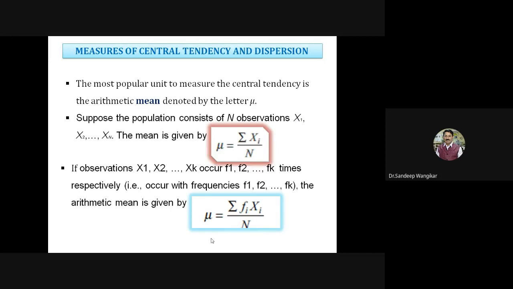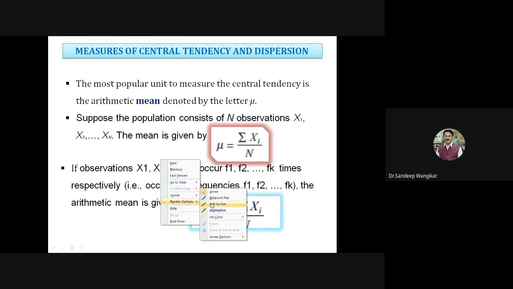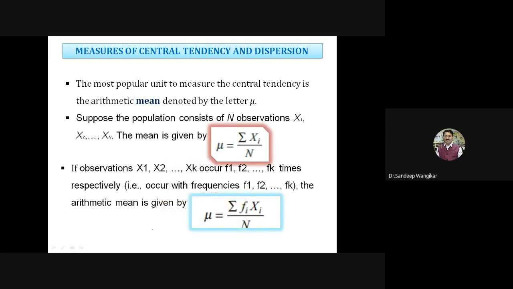So in this case, you can calculate the mean using this formula: mu is given by the summation of fi xi divided by n, where n is the summation of fi, the total number of appearances. This formula we will use many times.